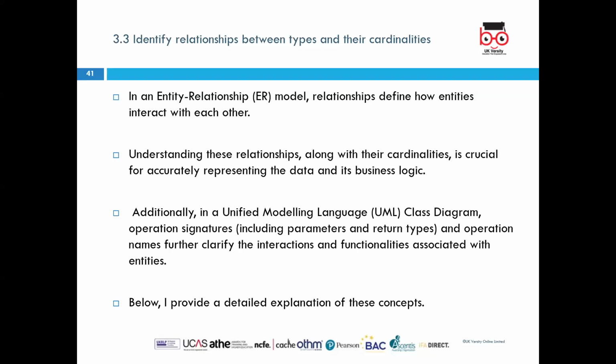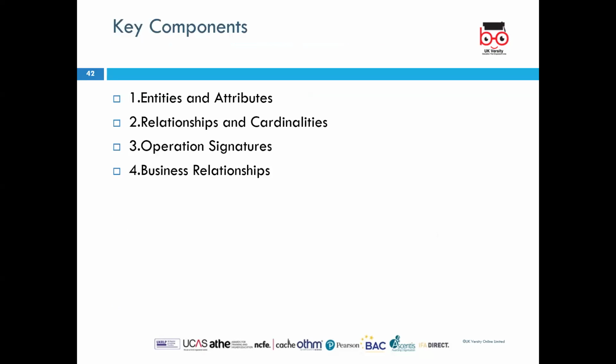And this is very crucial for the accuracy when representing the data and business logic. So what are going to be the key components of cardinality? We're now going to look into entity and relationship or cardinality, operation signature, and business relationship.